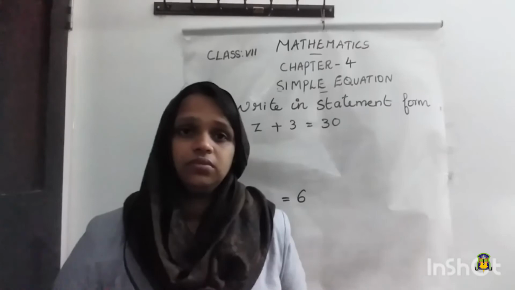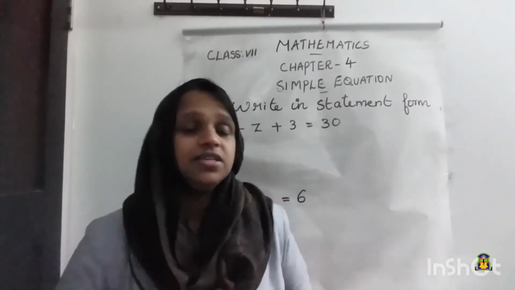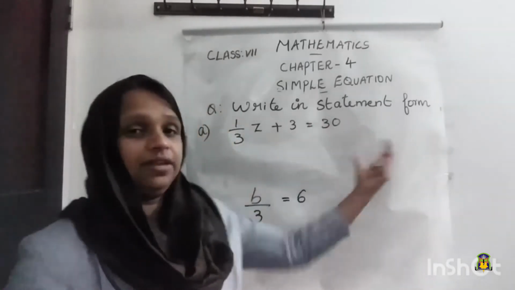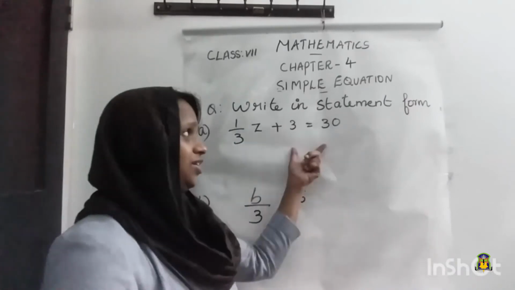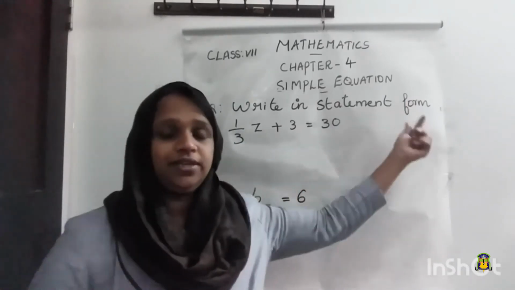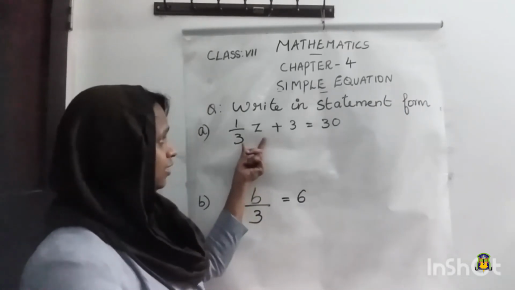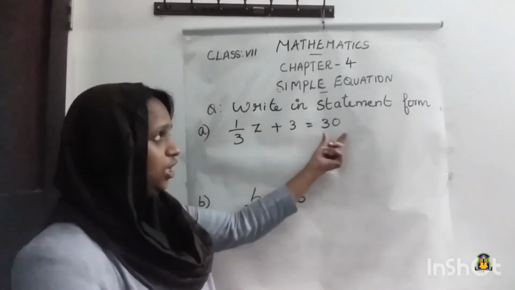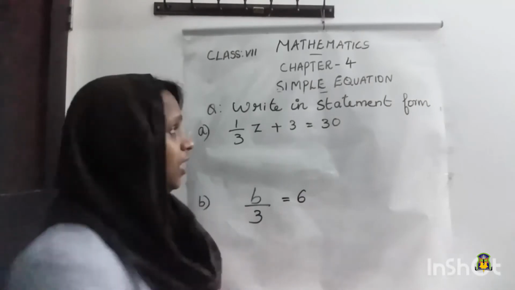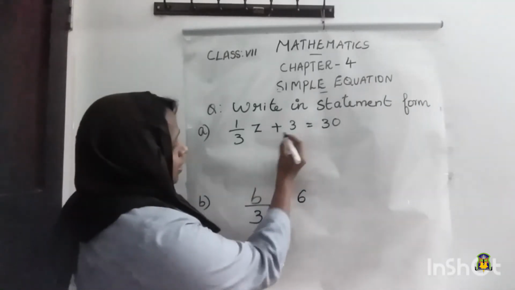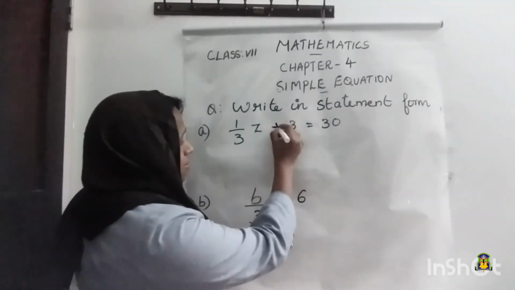Okay. Next we can discuss how to write in statement form. That is, an equation is given, you want to write it in statement form. So here you look, 1/3 of z plus 3 equal to 30. Now here see this addition symbol.